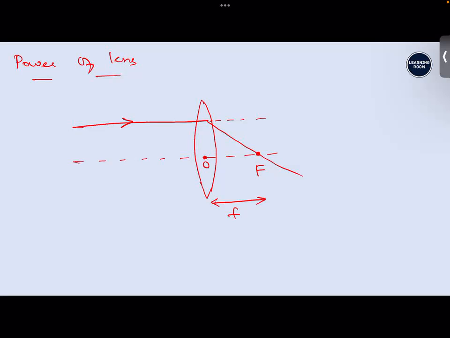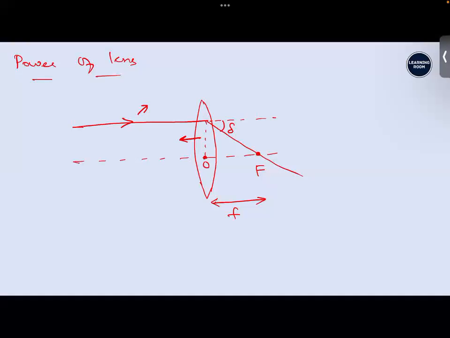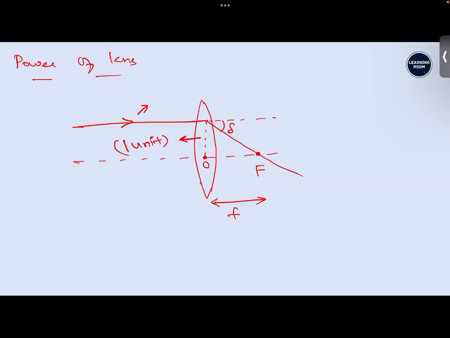Can I do this? Now if you see, the incident ray has taken a deviation in this direction, which I'll call delta. Is it right? Now, if the parallel ray is incident from the optical center exactly at a distance of 1 unit, and this angle is delta, alternate interior angles, so this is also delta.